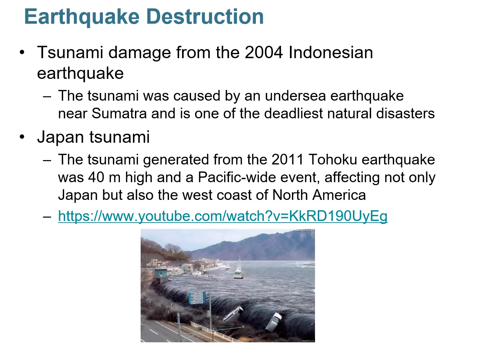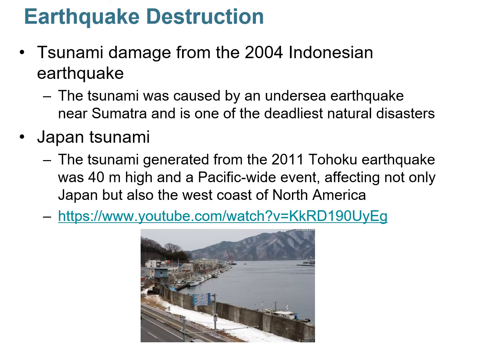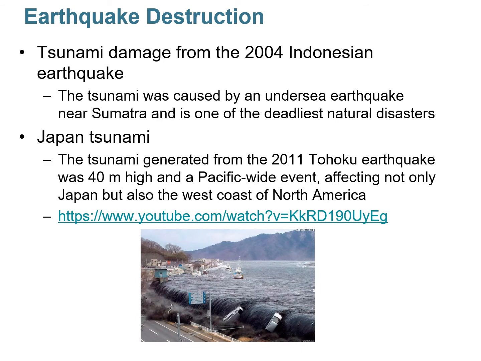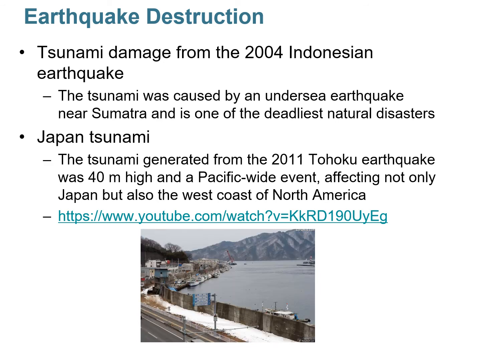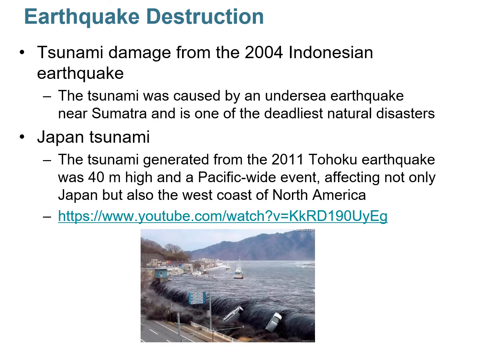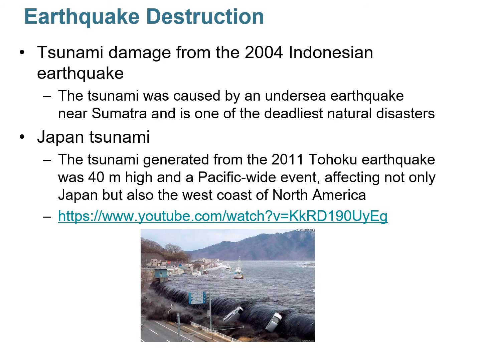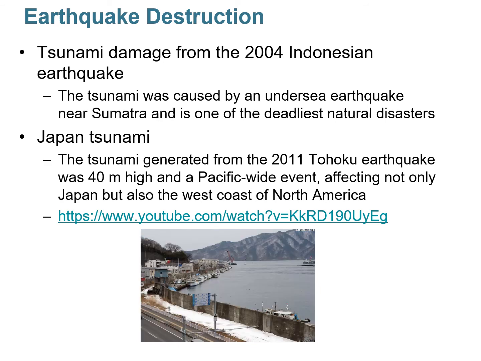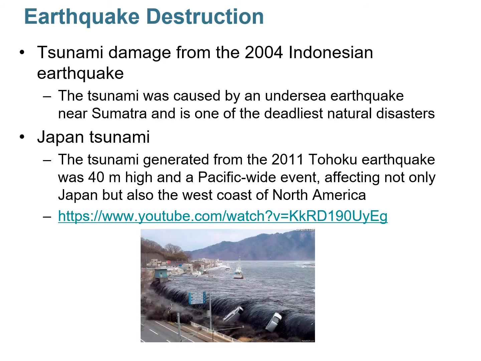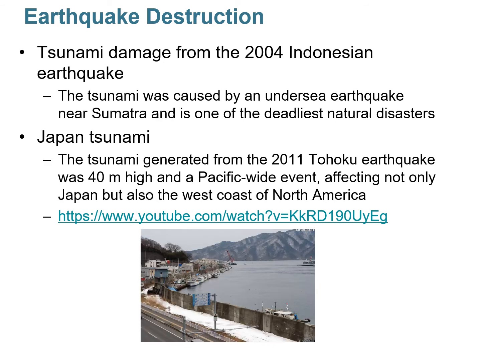All right, so earthquakes can also cause a lot of problems to coastal communities because they can generate tsunamis. The first time this occurred and was sensationalized in the media was in 2004 when there was an earthquake off the coast of Sumatra.